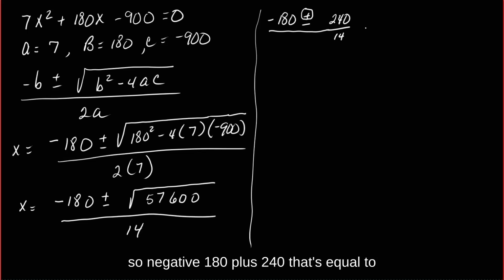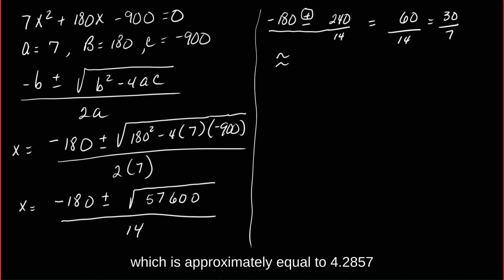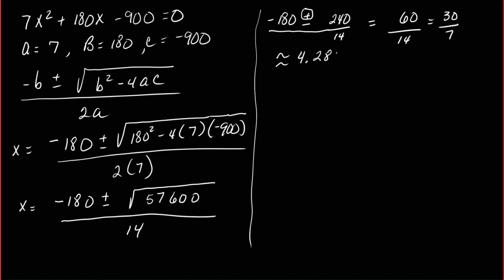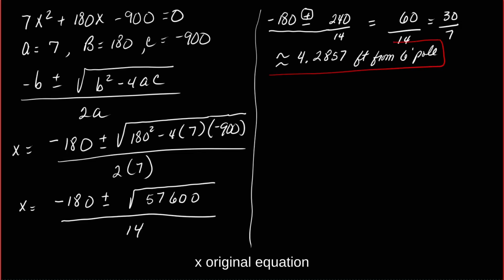Negative 180 plus 240 is 60 over 14, which is 30 over 7, approximately equal to 4.2857. This will be the distance from the 6-foot pole, because we told it we wanted that to be x in the original equation.